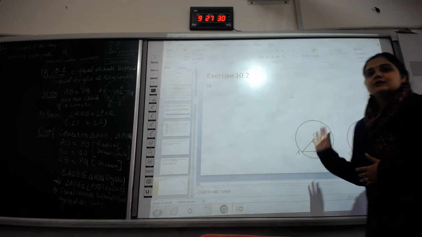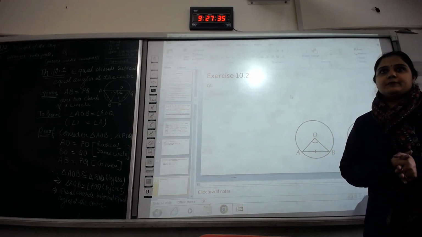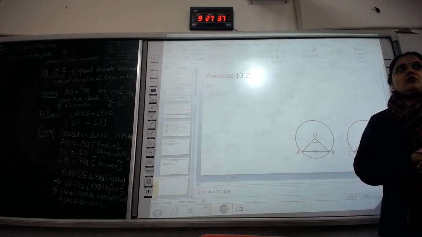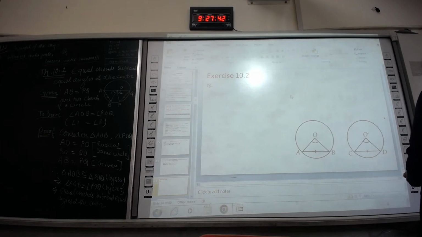So this is just the figure. Open exercise 10.2 and read question number 1.